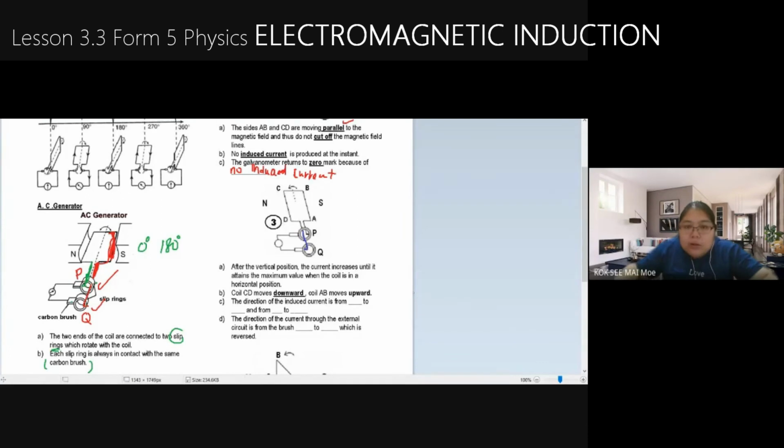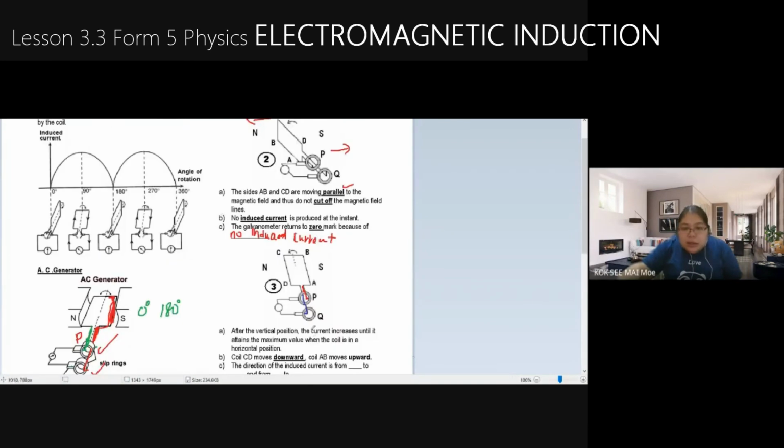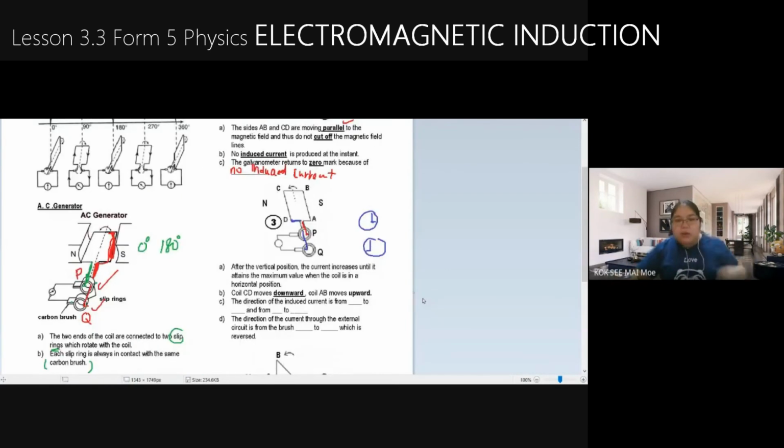The P is still the same. The coin is the same one, they just rotate left and right. Q is the DC side, still the DC one. They never change anything, just the ring. Just now it is here, when the other side it becomes here. Like this only. So from here we need to check again the induced current.